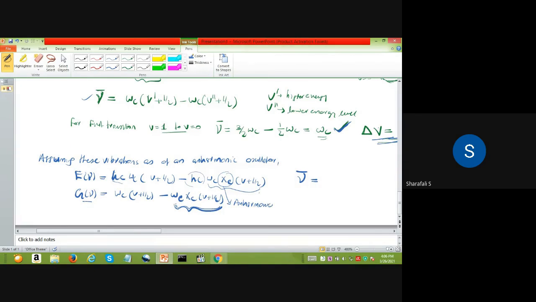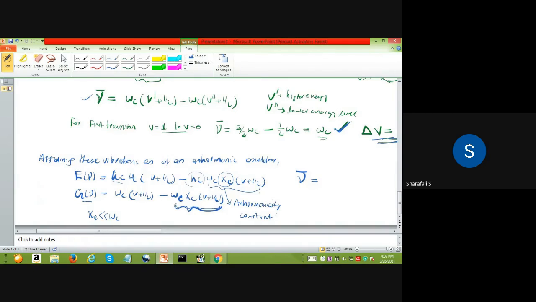That xC is much smaller than omega C, and hence there will be a very small decrement while going to the higher energy levels because of this term.